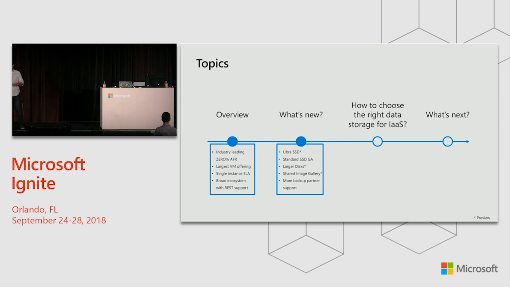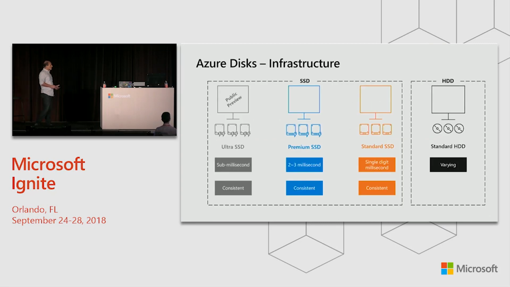Before we get into that, let's look a little bit deeper into the differences between different disk types. We talked about 4 different types of disks. So first, storage infrastructure. Premium SSD, ultra SSD, and standard SSD are all based on SSD as the underlying storage media, whereas standard HDD disks are using hard disk as the storage media.